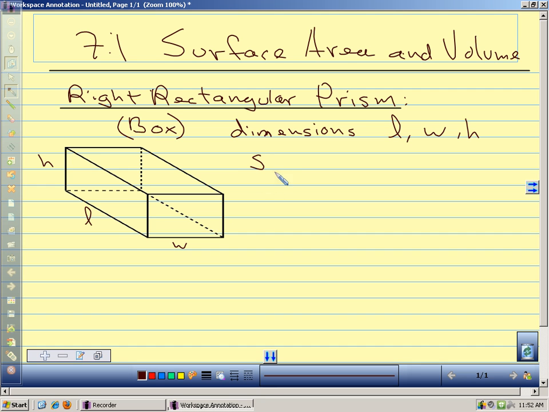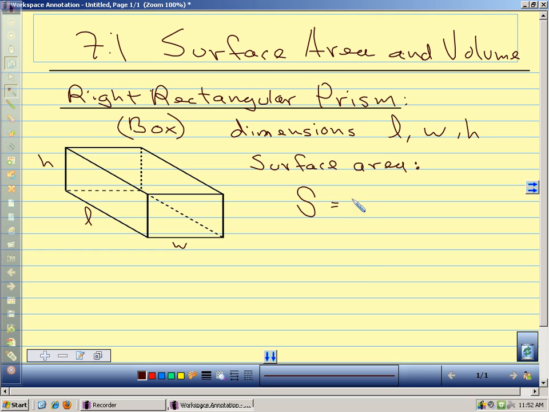Surface area. And we usually use a capital S to mean surface area. So surface area equals, what we're doing with this formula is we're just adding up the area of each side. So we have two ends, we have two sides, and two that are a top or a bottom.